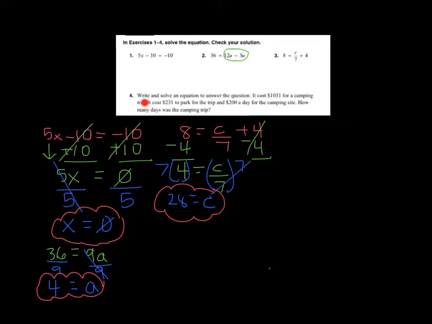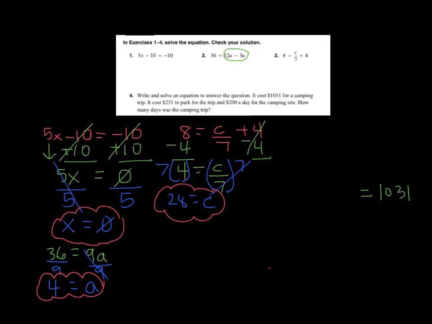So it's asking us to write and solve an equation to answer the question. It says it costs $1,031 for a camping trip. It costs $231 to park for the trip, and $200 a day for the camping site. How many days was the camping trip? Okay. So they gave me a total to start with. They told me that it costs $1,031.